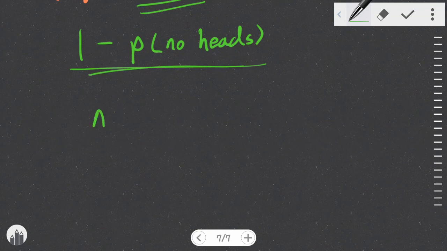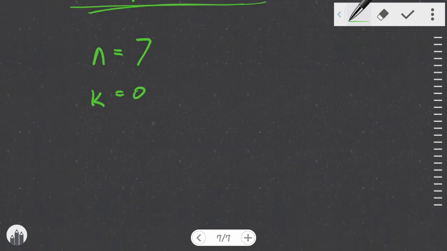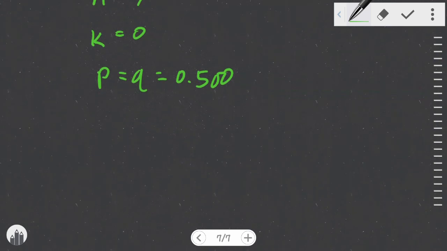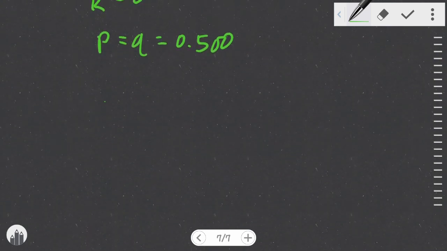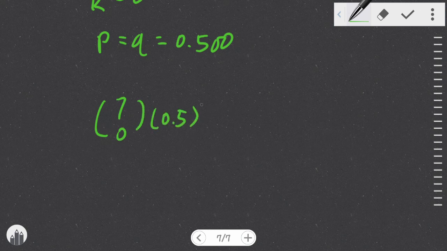So, n is going to be 7. k is going to be 0. The probabilities p and q are equal, since it's a coin where there are only 2 possible choices, which is going to be 0.5. So let's make this into an equation. Combination 7, 0, times 0.5 to the 0, times 0.5 to the 7.